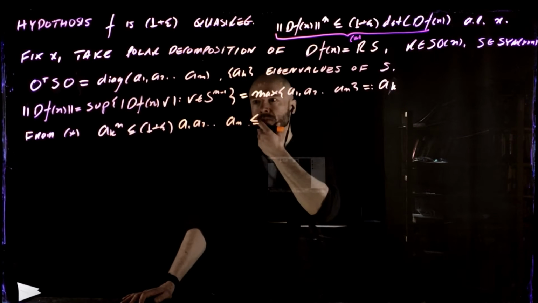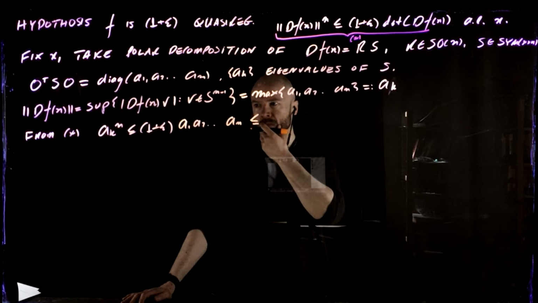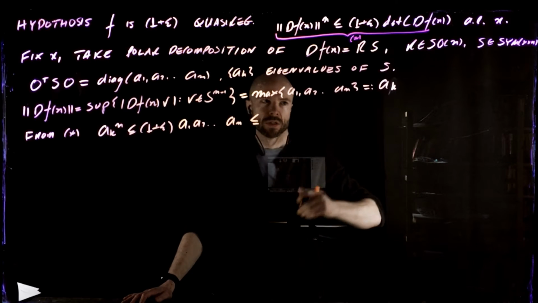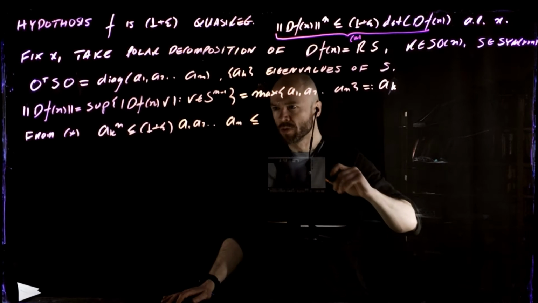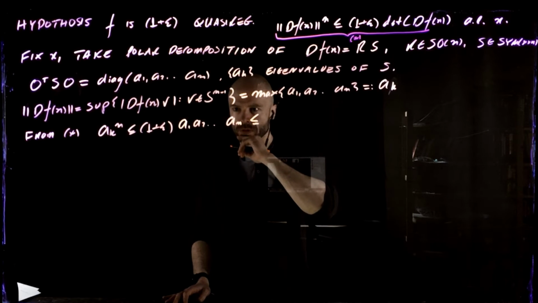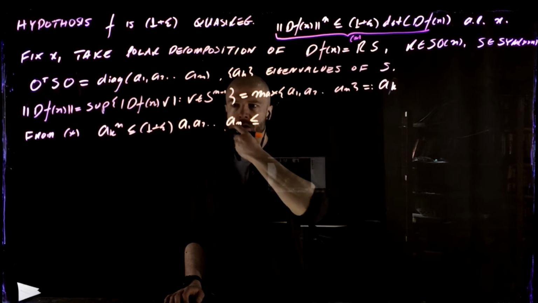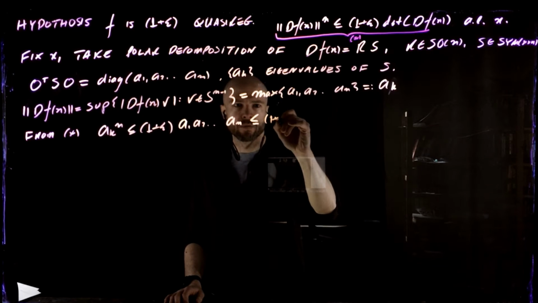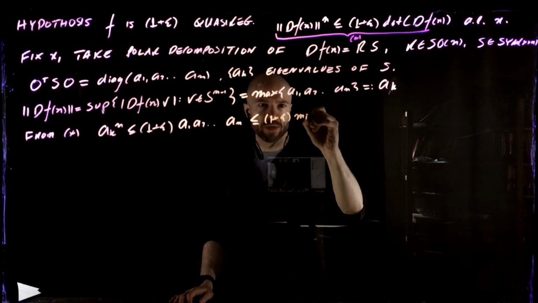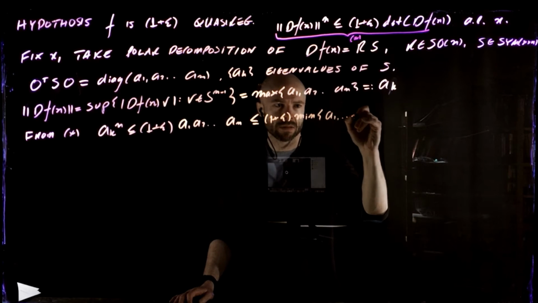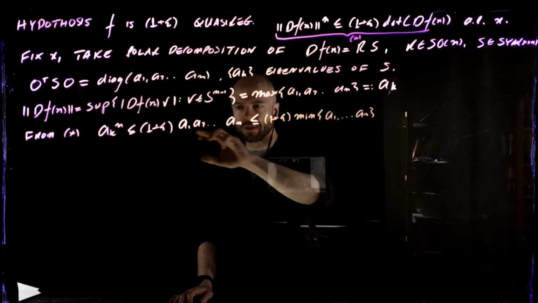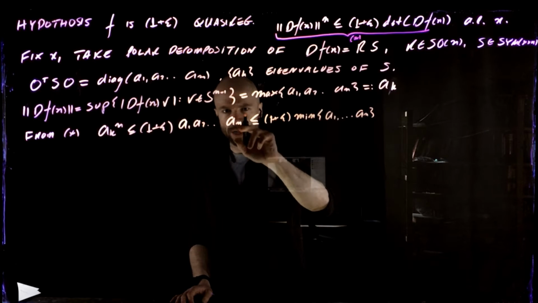So let's extract the smallest eigenvalue as well. So that's less than 1 plus epsilon, and then the minimum of all of these guys. There is the minimum inside this list, 1, 2 up to n, certainly belongs there.